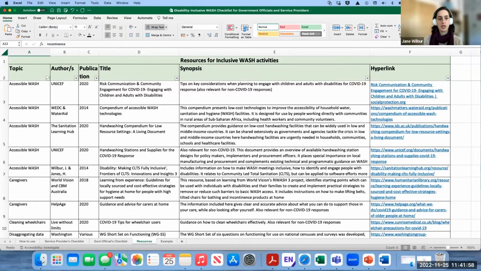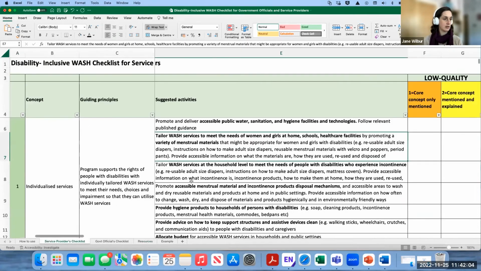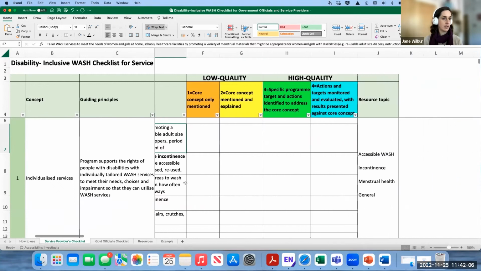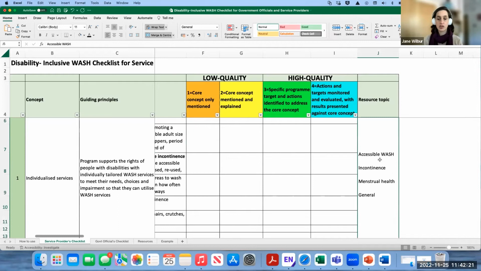So now going back to the service provider's checklist, where you have the resource topic, if you want guidance on how to strengthen individualised services, for example, you would look at the resource topic, accessible WASH or incontinence, for example.